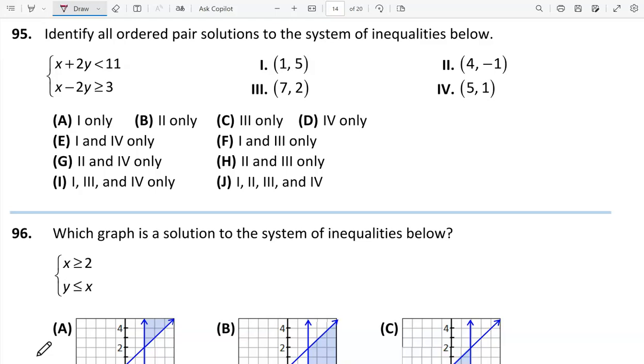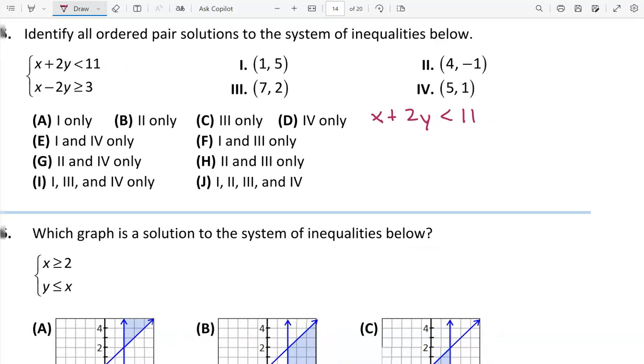For 94, we're going to identify all ordered pair solutions for the system. And so we just really need to check each of the points and see if they are solutions to each. In order to be a solution to the system, they have to be a solution to both inequalities. So let's test 1, 5. Inequality number 1 is x plus 2y is less than 11.